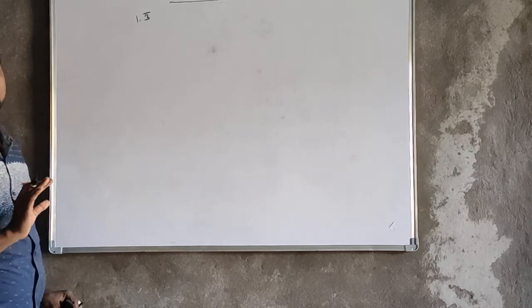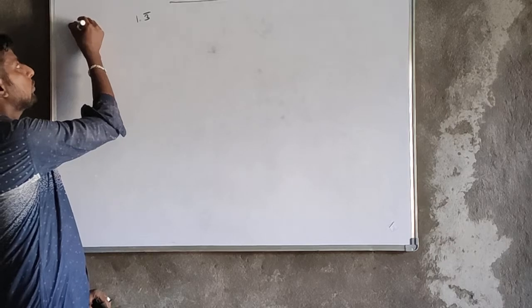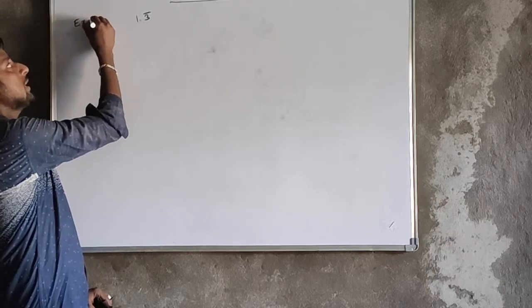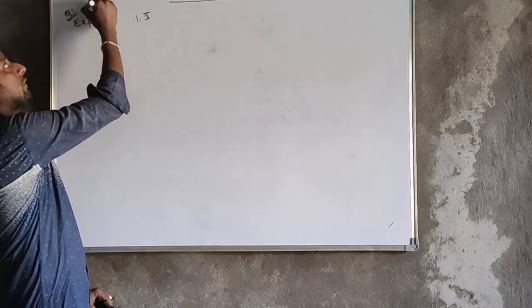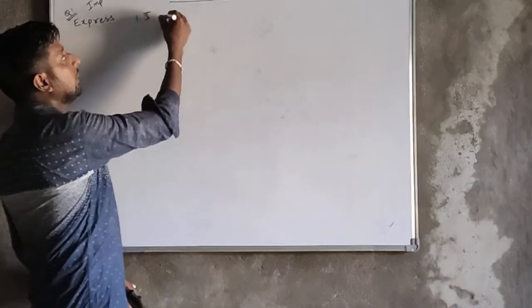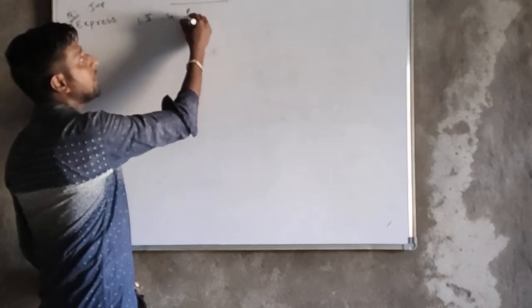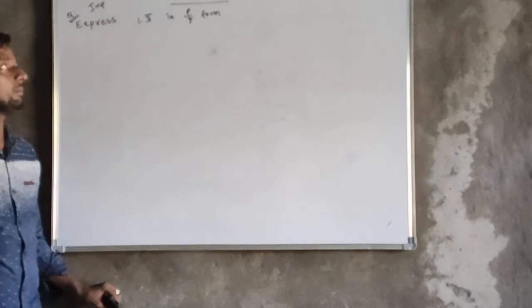Now 1.3 bar we have to express in the form of P by Q. So shall we write the question also? Express 1.3 bar in P by Q form. Okay.